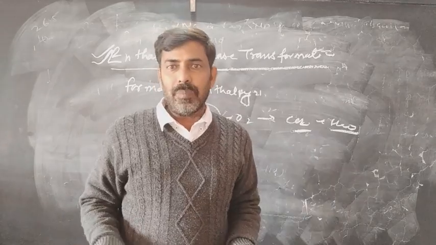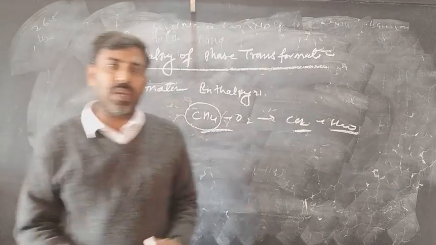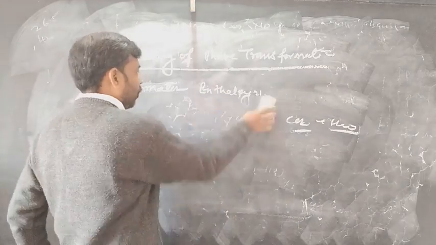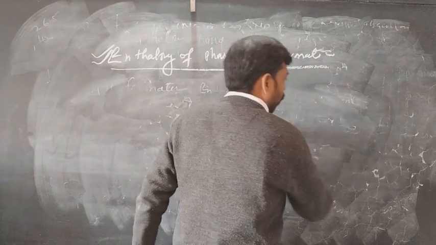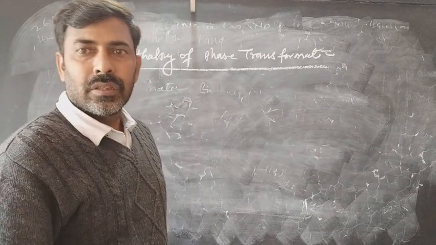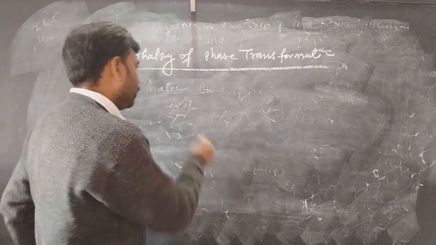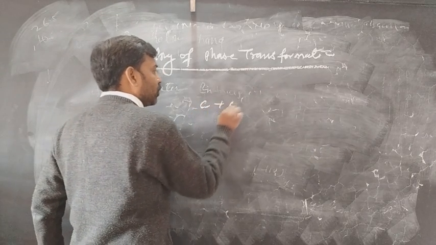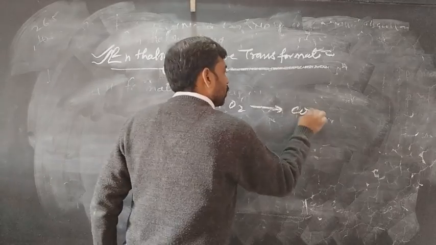So whatever element is responsible for the formation of that compound will be used for the process. If you take the example of carbon dioxide, C plus O2 gives CO2.